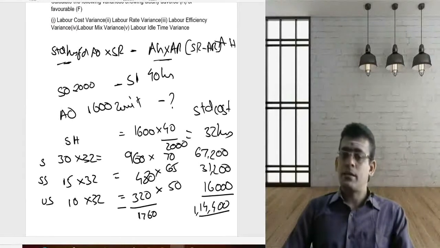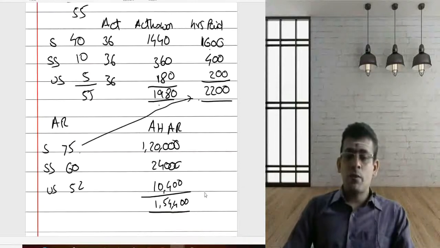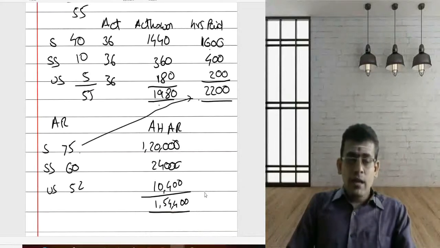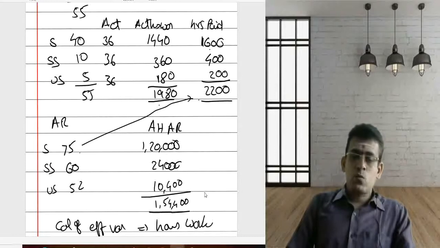Just now we have calculated 960, 480, 320. So actual hours is already calculated. So now here, which actual hours I have to consider for calculation of my efficiency? For calculation of efficiency variance, hours worked.